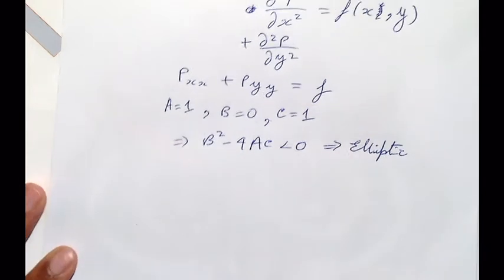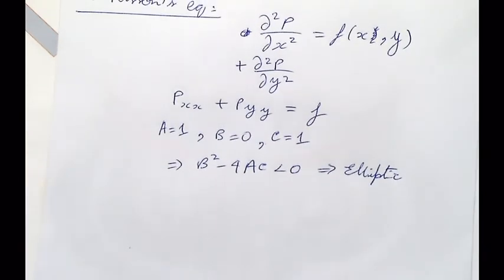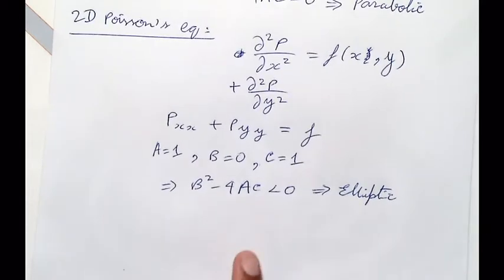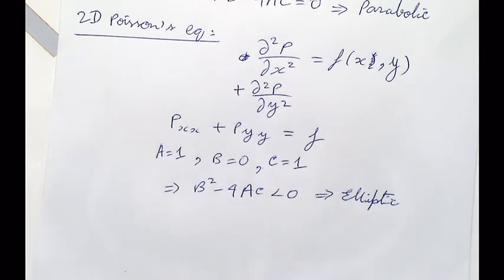Okay, so fine. These are mathematical classifications, but what does it really mean physically? If you've ever worked with the pressure Poisson's equation, you know that any change you make in the flow domain at any point, what happens?